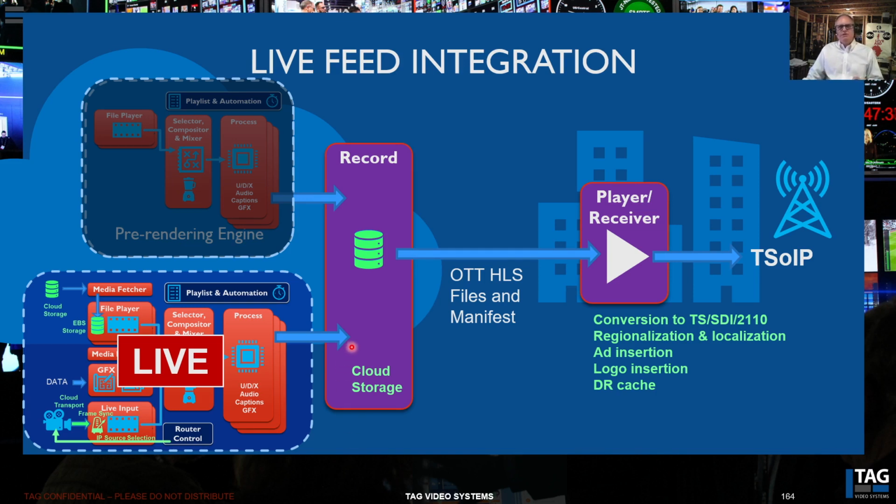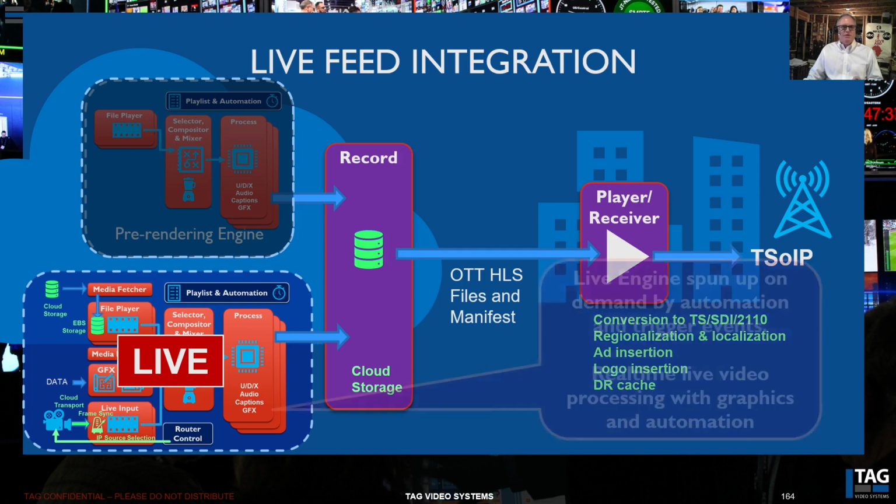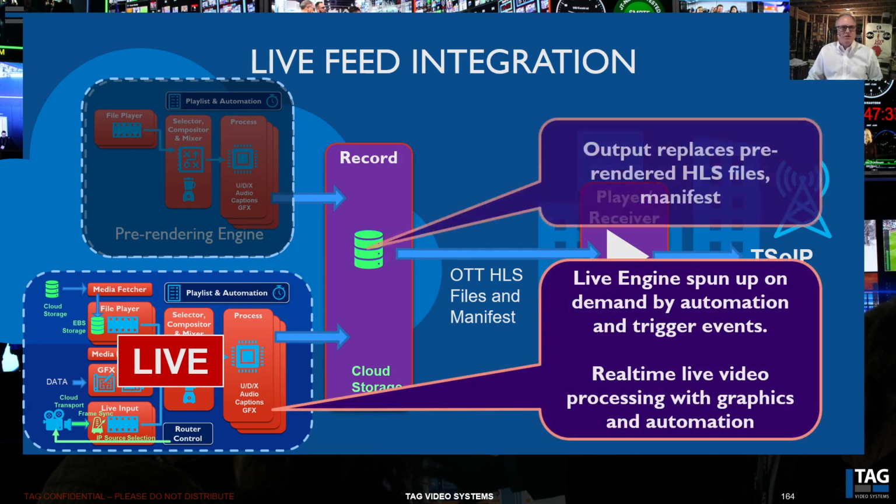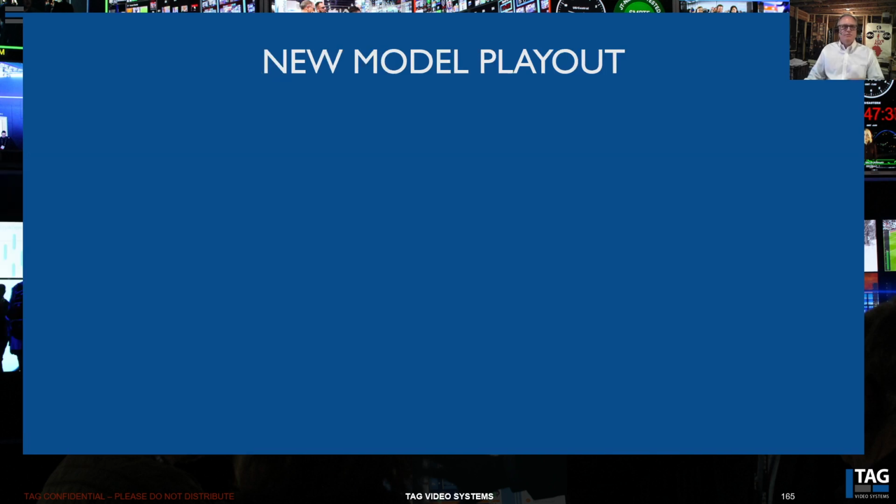But we still output that same HLS. That's really the key here. We're going to output that same HLS here, and then all the manifest says is use these files, not those files. So the player is just being rerouted to look at the HLS output coming from the live. That's the new model. So we output the HLS and manifest as we just showed.